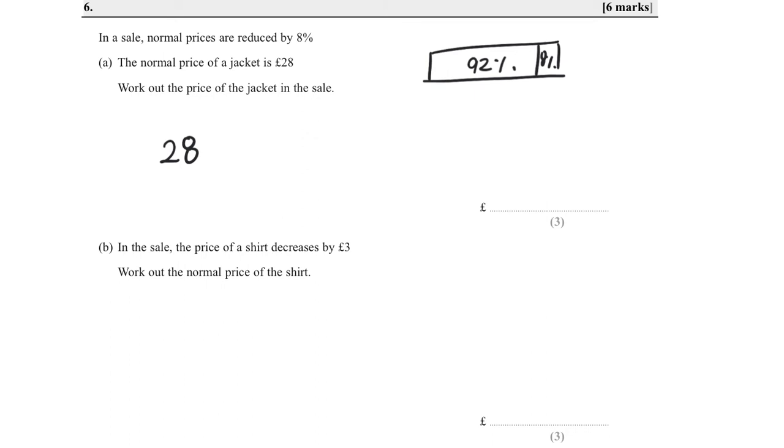This is easy because 92% as a multiplier is 0.92. So we can just multiply the whole by 0.92, which means the cost of the jacket is £25.76.